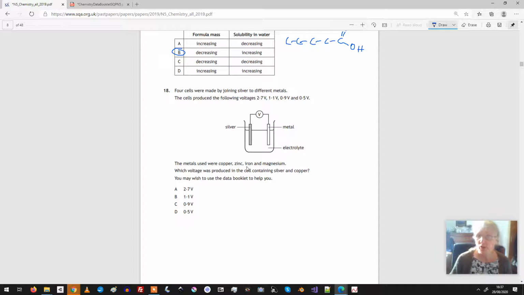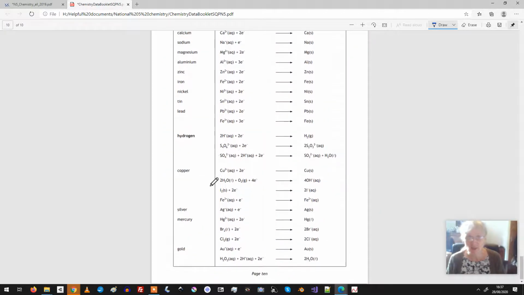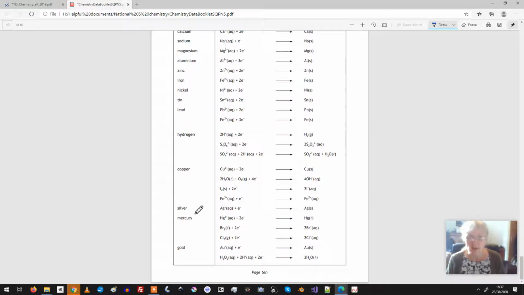And hopefully you kind of know how reactive each of those are, but just in case you don't, we can have a look here and we can see that silver is the least reactive, then copper, then iron, then zinc, then magnesium, and so on.